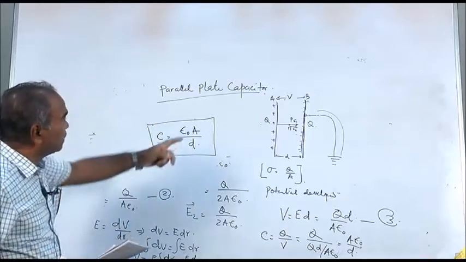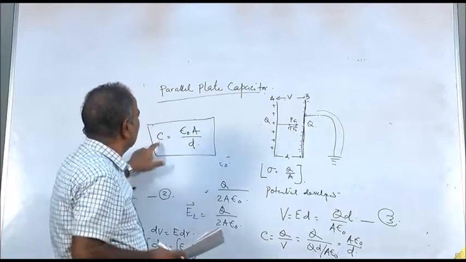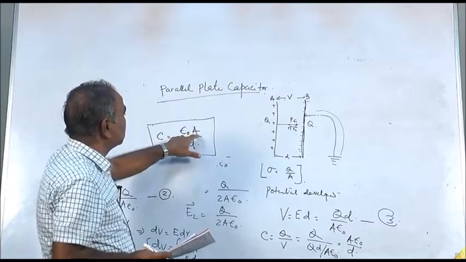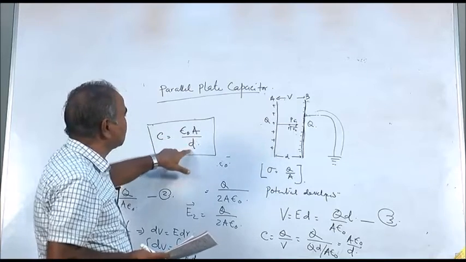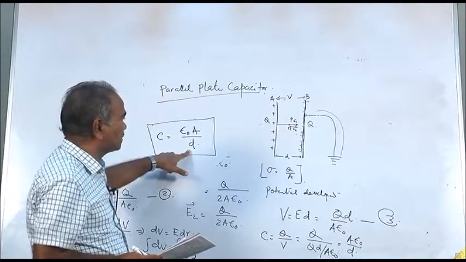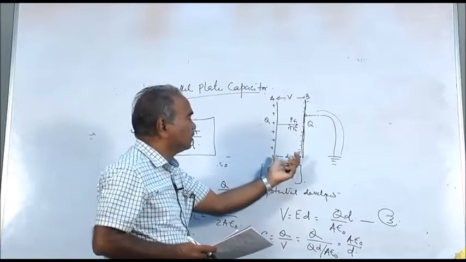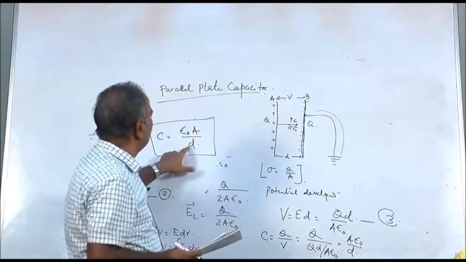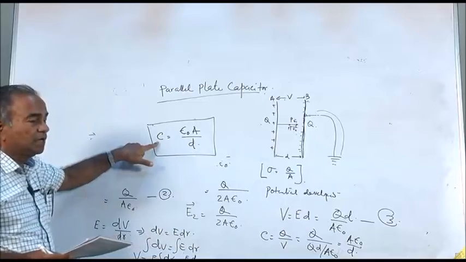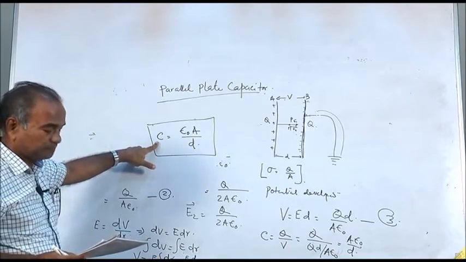That means the capacity of a parallel plate capacitor is directly proportional to area of cross section, inversely proportional to distance of separation. If the distance of separation between the plates is decreased, then the capacity of a capacitor will increase.